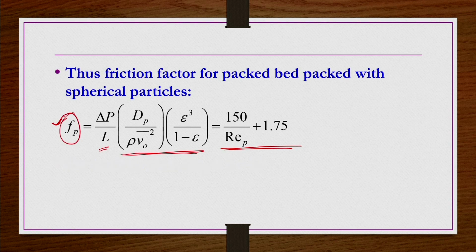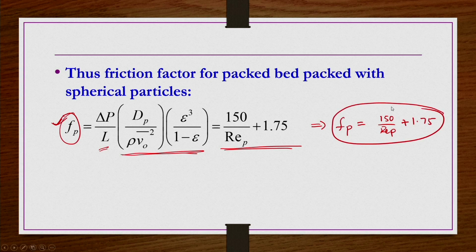So, friction factor for packed bed is nothing but 150 by Reynolds number for packed beds plus 1.75. This is what we get.